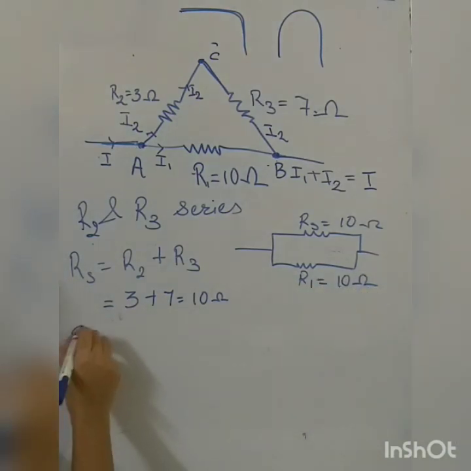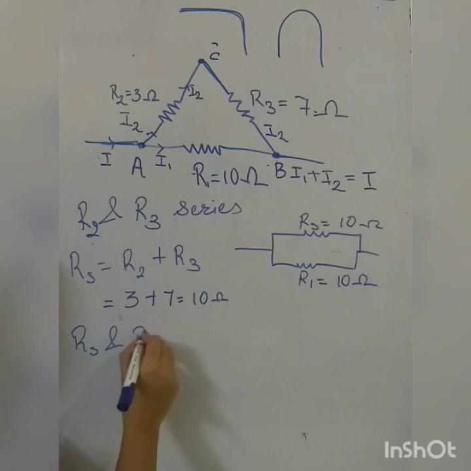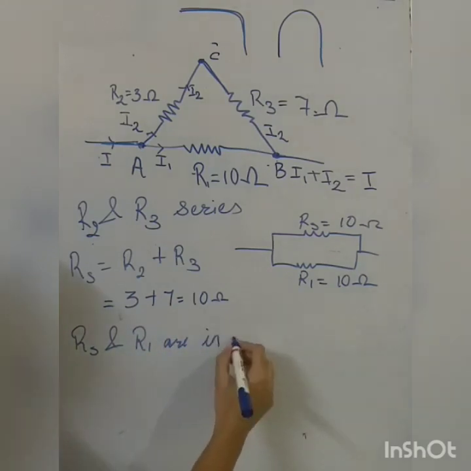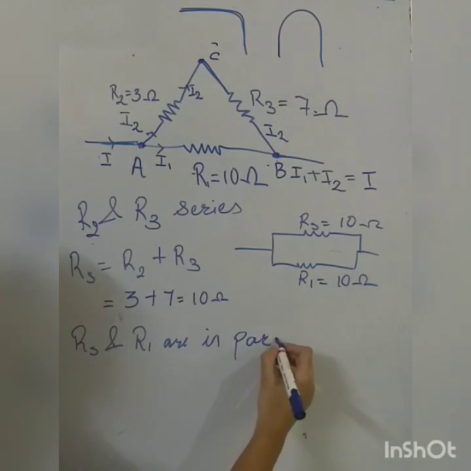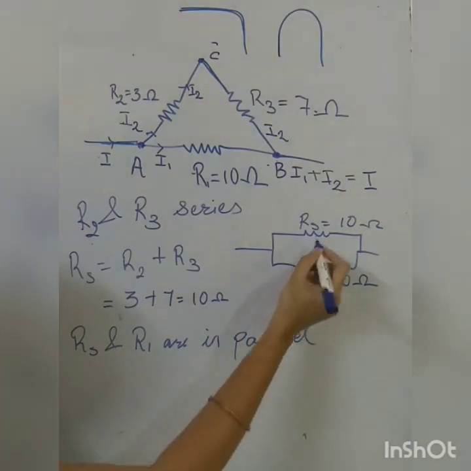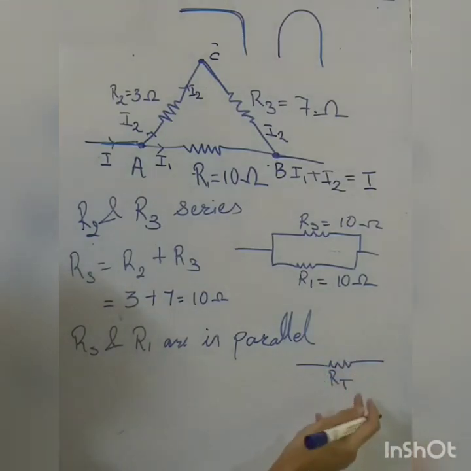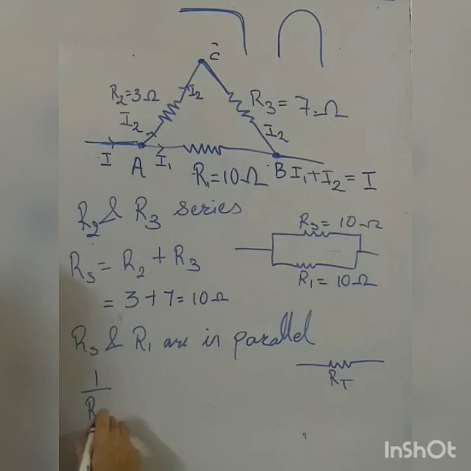Now your RS and R1 are in parallel. So you will find out the value for this. Finally you will get one single resistance, that is going to be the final value. For parallel connection, 1 upon RT equals 1 upon RS plus 1 upon R1.